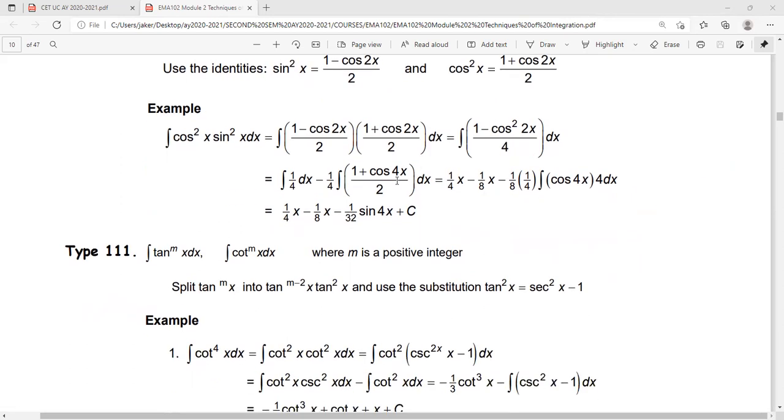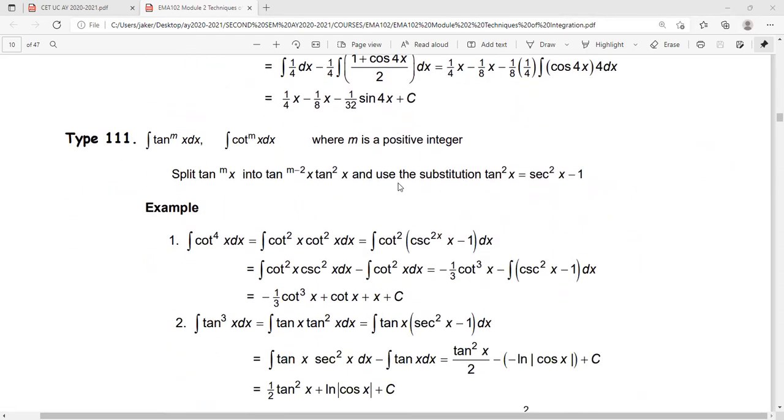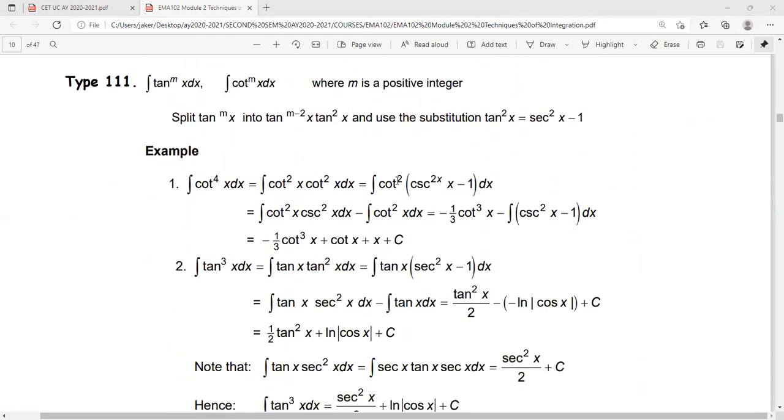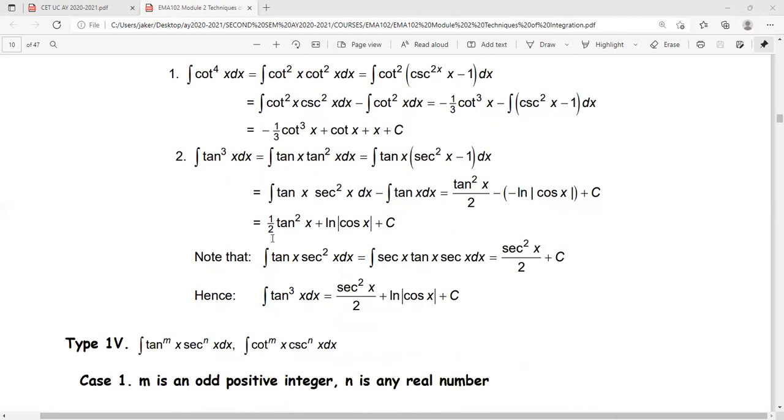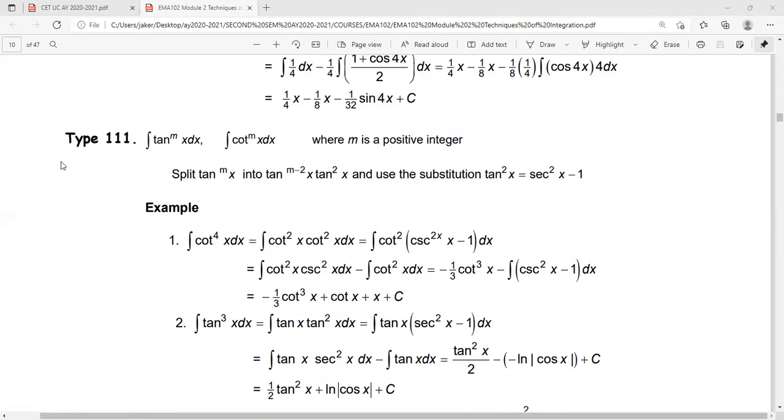So we'll go to type 3. So we're done with functions that have the sine or the cosine alone and the one that has both the sine and the cosine. Both have two cases underneath. Now we go to type 3. So in here, we don't have cases anymore. So in here, it's specific that for this function, you're just given a tangent or a cotangent where m is a positive integer.